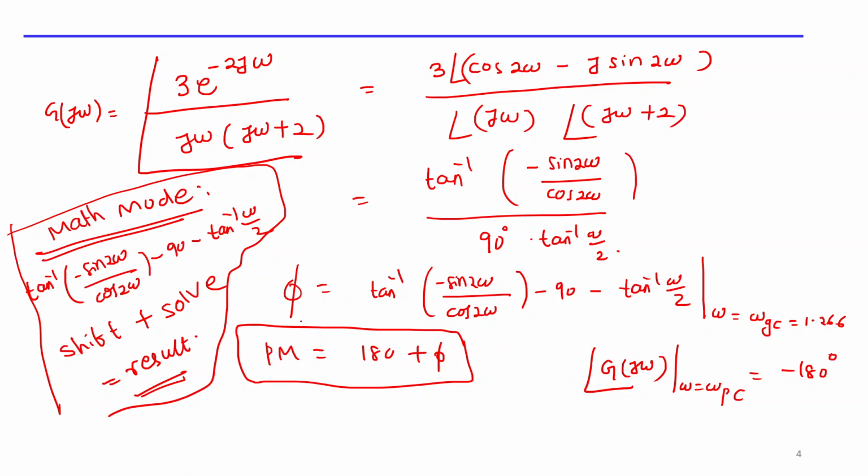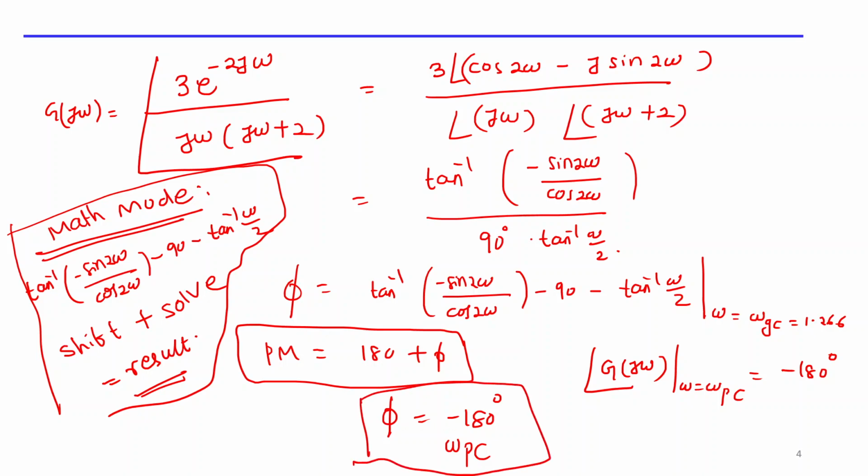It means whatever phi you are getting here, if we equate that phi to minus 180, from that you will find the unknown omega value, and that omega is your omega pc. That way you can also find omega pc.